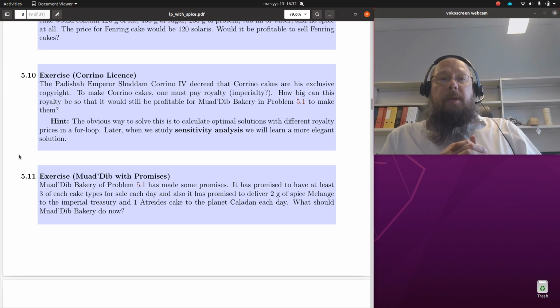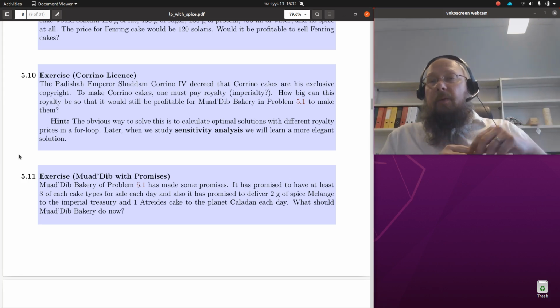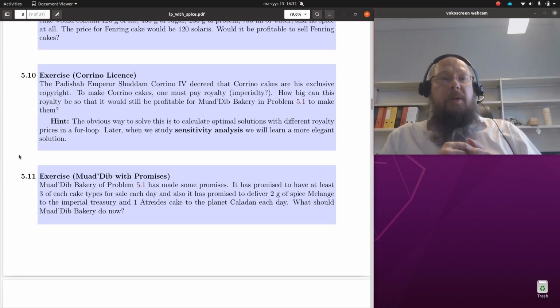And a small hint here: the obvious way to calculate the optimal solution is that you start with the royalty being 0, and then you increase it a little bit, and maybe finally you find the breaking point, or you overshoot it and try a little bit backwards. This can be done, for example, in a for loop.